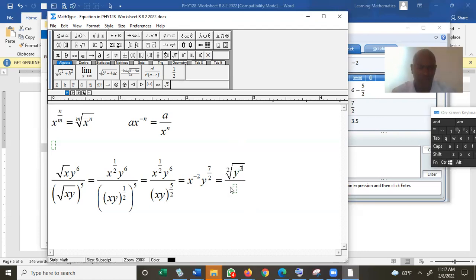Okay, but just to emphasize, the x to the power of positive 2 will come in the denominator. So if it is down and you bring it up, it will be negative. If it is up and it's negative, you bring it down, it becomes positive. Okay.